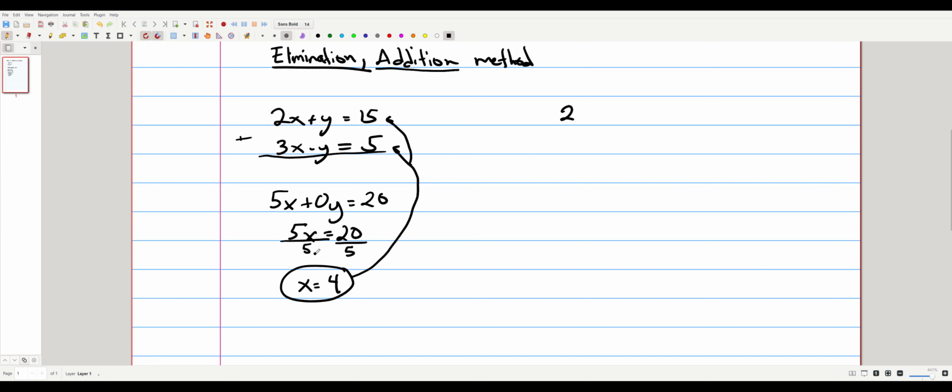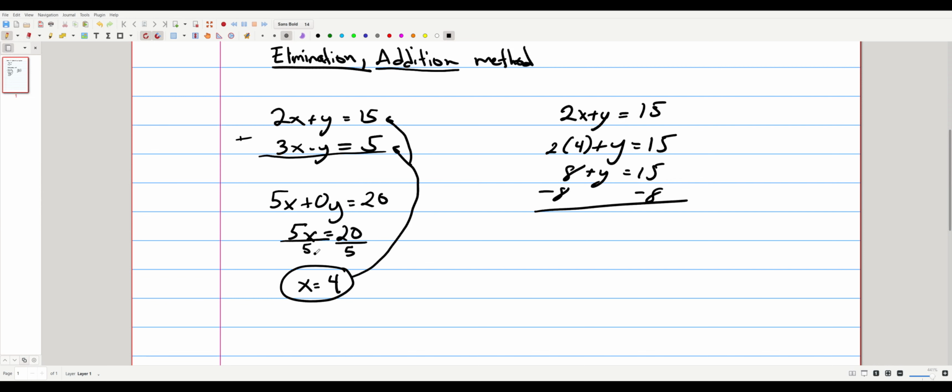So let's just choose the top one for no particular reason, and we're going to replace the x with the 4, because we know that x is the same thing as 4. And 2 times 4 is 8, plus y is equal to 15. We subtract 8 from both sides. And what are we left with? y is equal to 7.